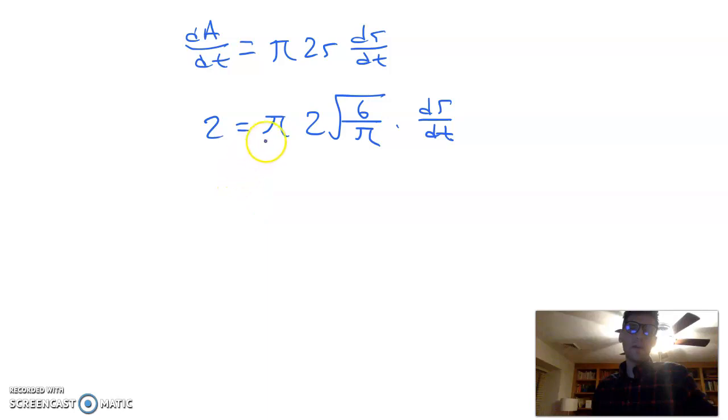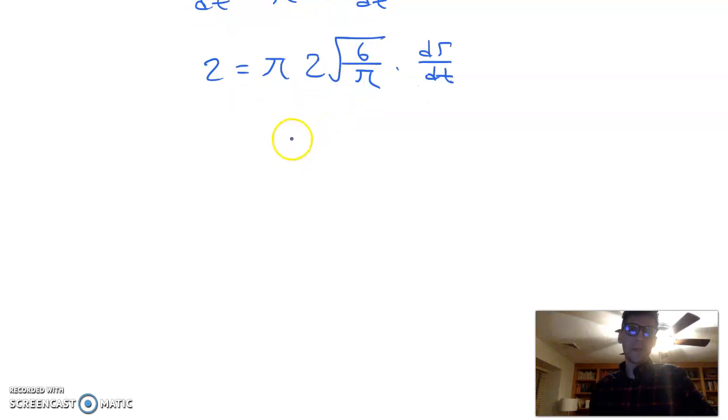So divide by 2, that would just be 1, divide by pi, I would get 1 over, well, actually, what might be better would be to do this. I could divide by 2, I'll get 1 over here if I divide that 2 out. And then I get pi times, maybe I'll split this up to root 6, and then this will be root pi, or pi to the 1/2 power.